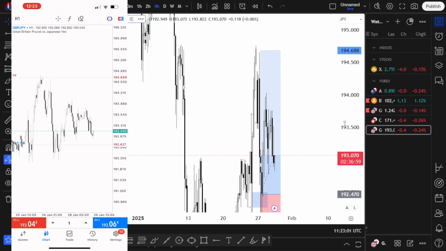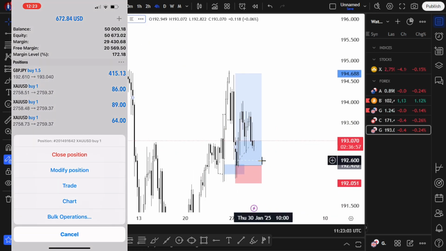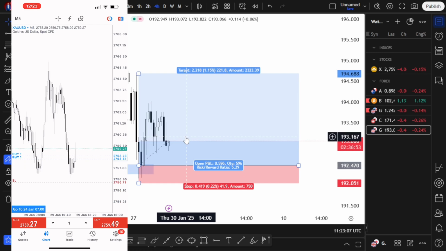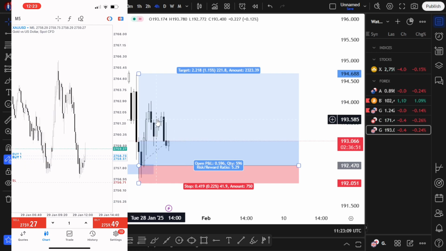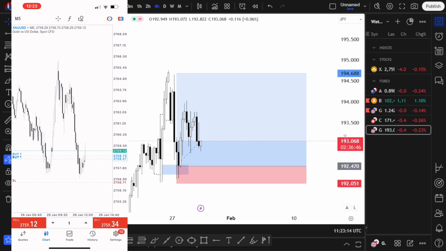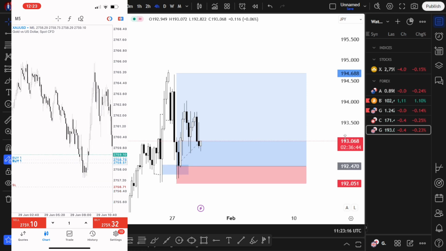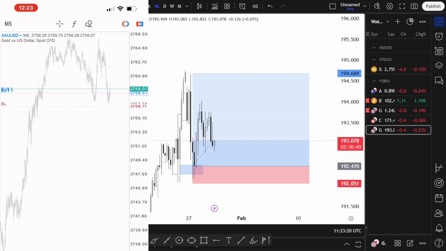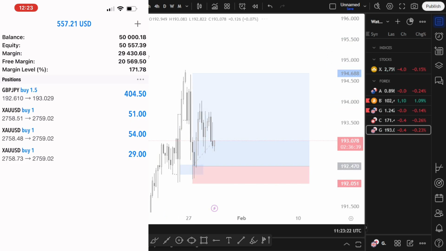Hopefully today, if GJ and gold play out nicely, because GJ is already on a break even, if it goes sideways, maybe I would lose probably 1%, that's if gold goes sideways. But with GJ, the worst thing that can happen is a break even. So I'm still holding and hoping it plays out nicely.